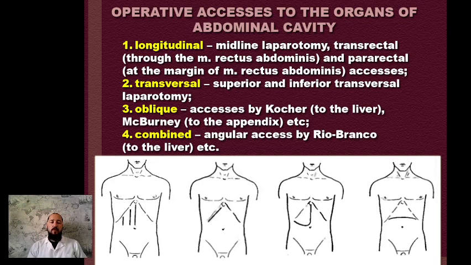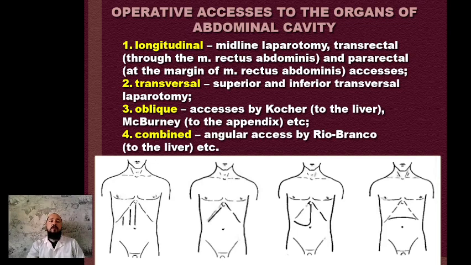And I also mentioned that we speak about laparotomy only if we cut into the peritoneum. If we do not cut into the peritoneum, it's just an incision, it's not laparotomy. According to direction, we can divide all surgical approaches into longitudinal, transversal, oblique, and combined.